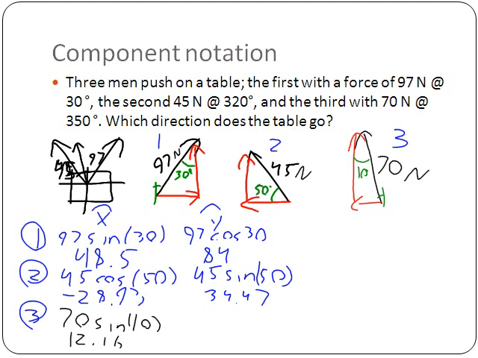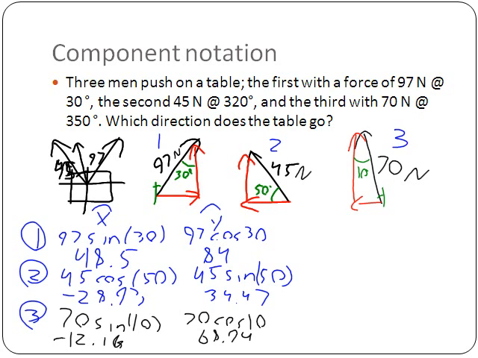In this case, that x is still going to be negative because it goes in the opposite of the positive x direction. And our other one is going to be 70 cosine 10 because it's the adjacent side. And so 70 cosine 10 gives us 68.94, which is going to be positive as well.